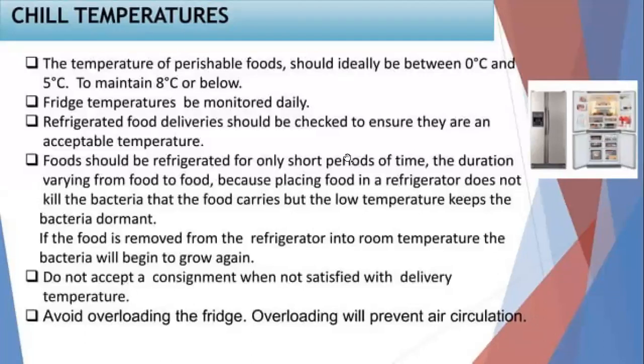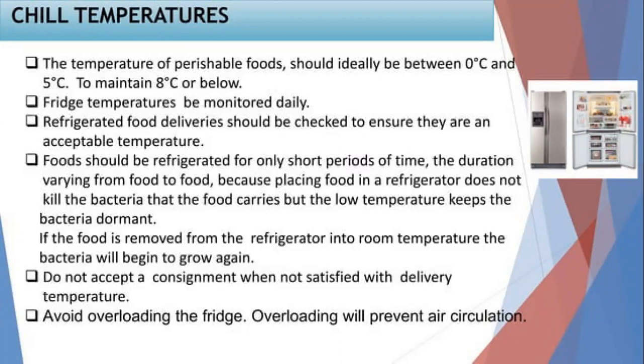Okay, so let's jump back. Chill temperature, for those who don't know, refers to a temperature range used for the storage of perishable foods, especially in refrigeration. In food safety, the chill temperature range is generally between 0 Celsius to 4. This temperature range is considered optimal for slowing the growth of bacteria and preserving the freshness of perishable items such as meats, dairy products, and certain prepared foods which require refrigeration.